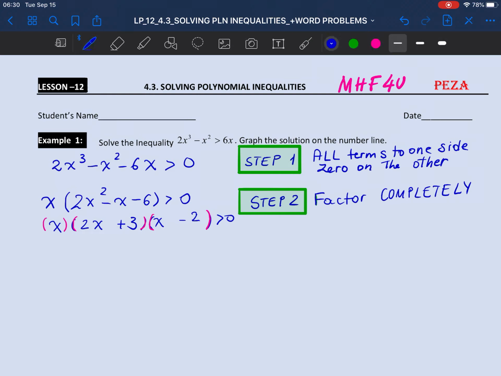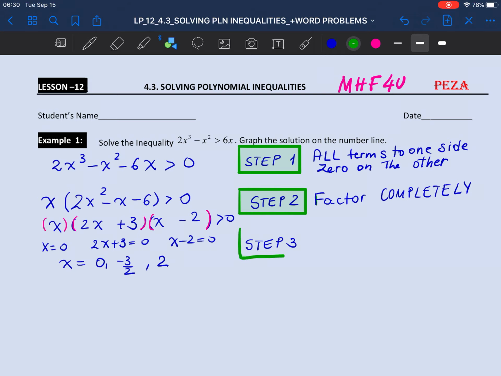And we always start from finding the zeros, because the zeros separate the negative from the positive sign. So we're going to say that x equals 0, or 2x plus 3 equals 0, or x minus 2 equals 0. So the zeros are at 0, negative 3 over 2, and positive 2. So that was our step 3.